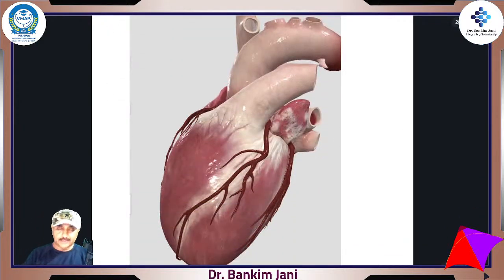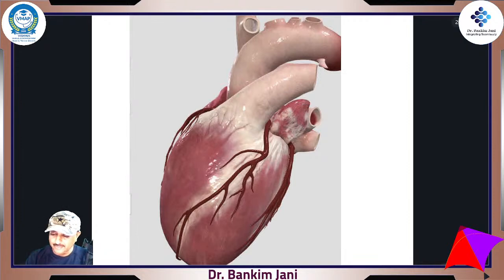On the opposite side, yes, we have the left coronary artery, and again its branches, right? But see how typically they are arranged. They both will be joining behind this appendage, right?